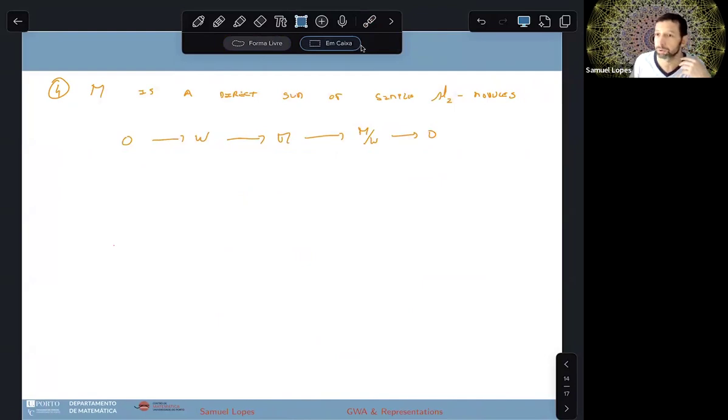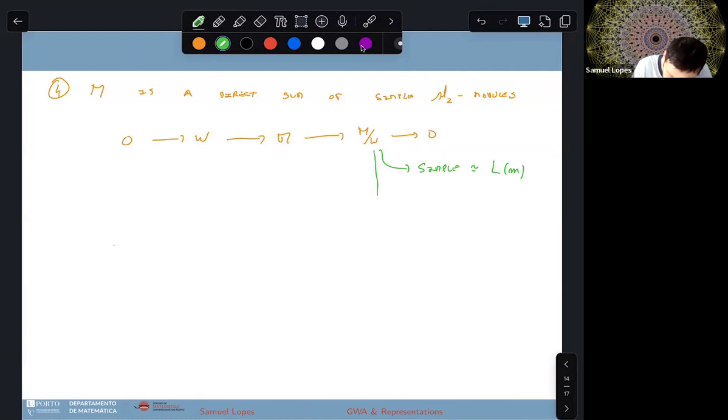So I'm taking W to be a maximal submodule of M, which means that this module here is simple. And since we've already characterized all the simple modules, we know that this module is in fact isomorphic to Lm for some m. Okay? So there exists some maximal vector here, theta in M over W, a maximal vector.